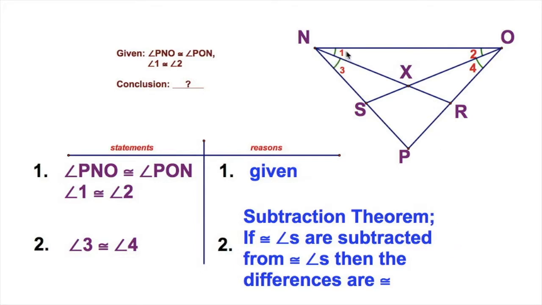There's a lot of angles in this diagram. We are taking the overall angles and subtracting congruent angles, those 2 in blue, and the differences are those 2 little red angles right there. So if congruent angles are subtracted from congruent angles, then the differences are congruent.